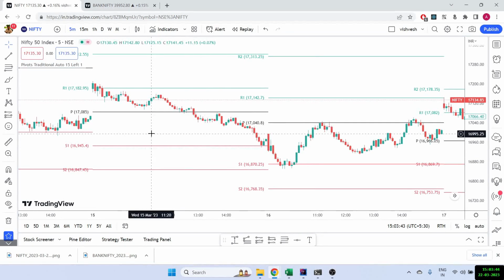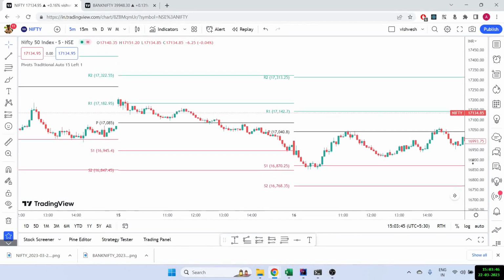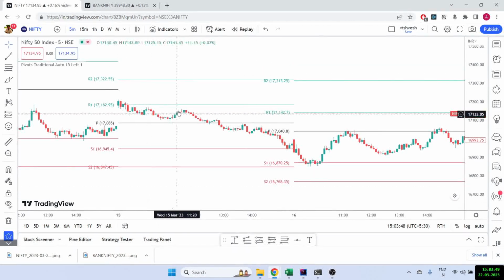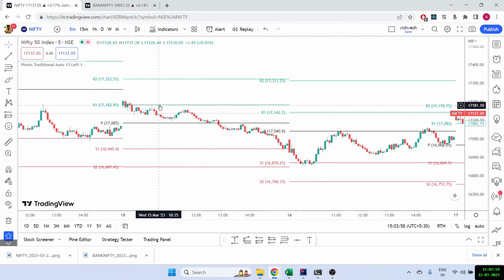Now let's talk about the strategy. Since it's an intraday system, we can see 5 lines every day. Let us understand these lines. In a general sense, R1 is considered resistance and R2 is considered another resistance, and S1 and S2 are supposed to be support.